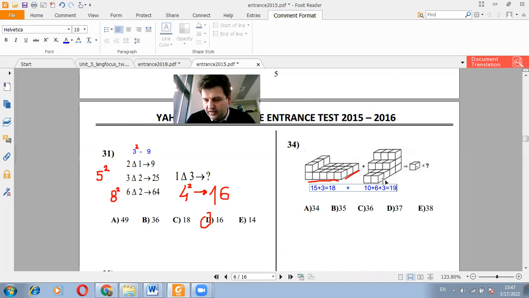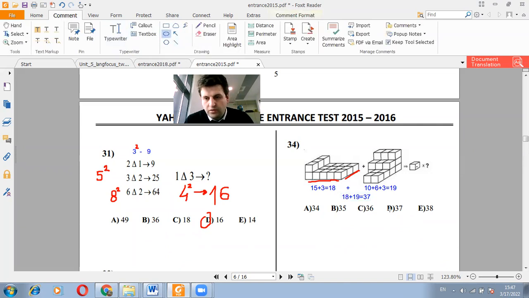So 18 plus 19 equals 37, which is choice D. You just need to pay attention to the hidden ones that are there but cannot be seen. Don't miss them.